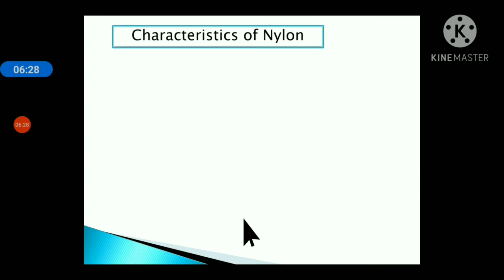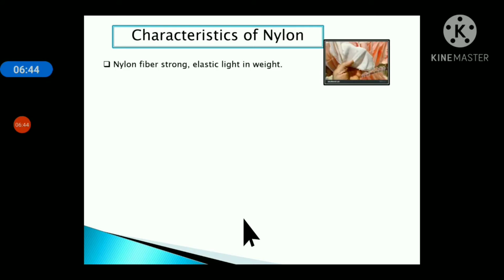So next, characteristics of nylon. Why would you prefer nylon? Here see, this picture shows elasticity. What is elasticity? The ability of a material to resume its normal shape after being stretched. When we stretch it, it stretches, and after that it regains its normal shape.